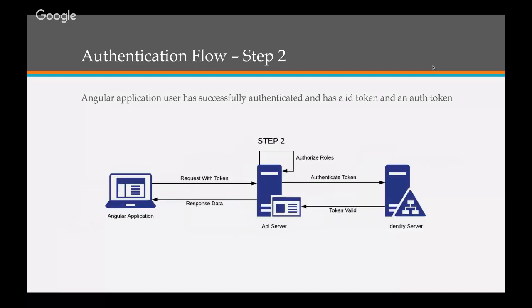If it's tampered with, then back it goes, and you get a 401 or a 403. If you have a valid token, it goes back, and you get the response data back from the API with your 200 OK or 204 no content, right?